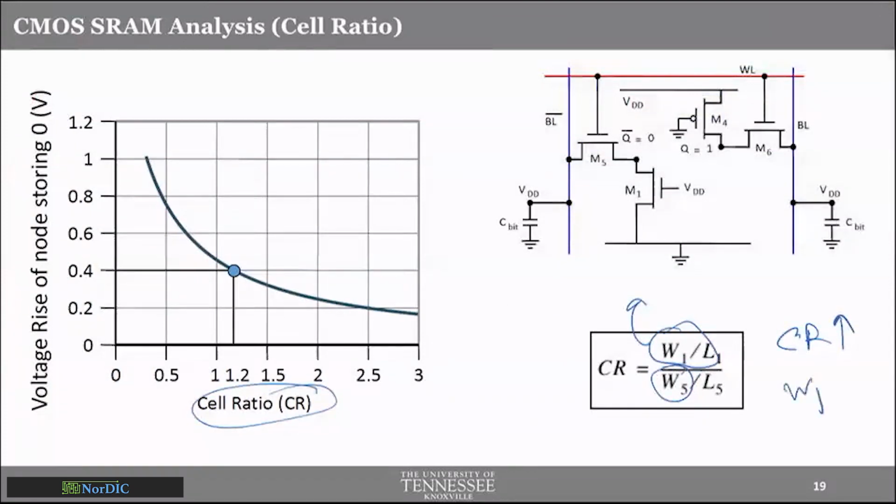That means W1 will have to be sized up. This W1 means M1 will have to be sized up. Or in other words, you can reduce W5. That means W5 will have to be sized down. Remember, just keep that in mind. There has been a scenario where sizing down M5 is important. Sizing down, not sizing up. Just keep that in mind.